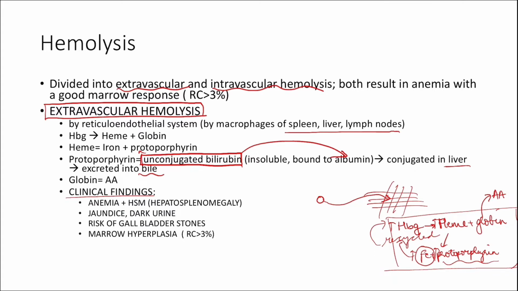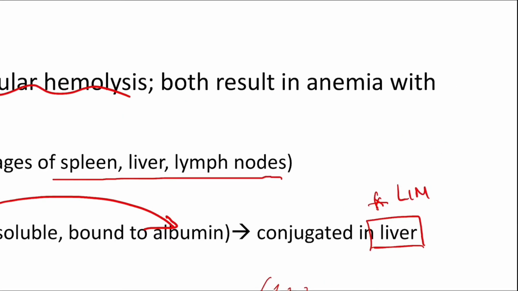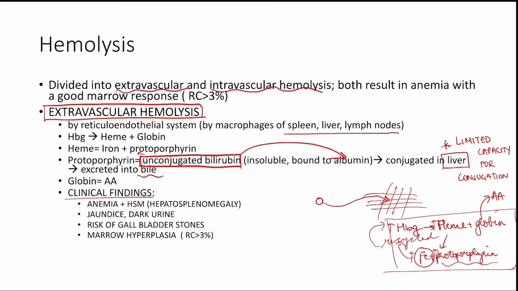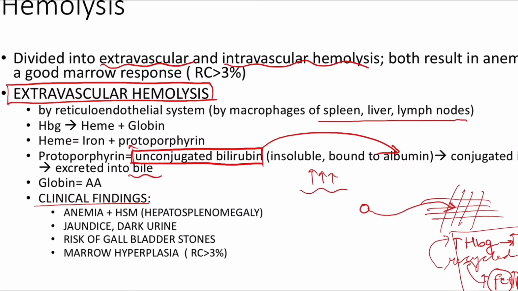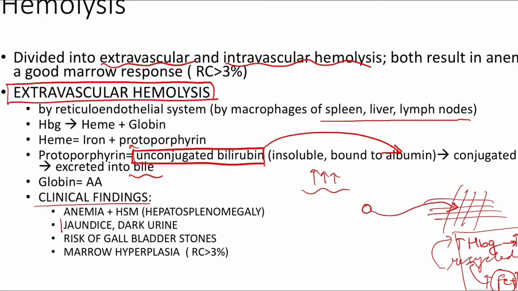The problem with that is that the liver has a limited capacity for conjugation, which means there are only so many molecules of unconjugated bilirubin that the liver can conjugate, and the rest of the unconjugated bilirubin, which is now bound to the albumin, will rise in the blood. And when it does so, we get something called jaundice.